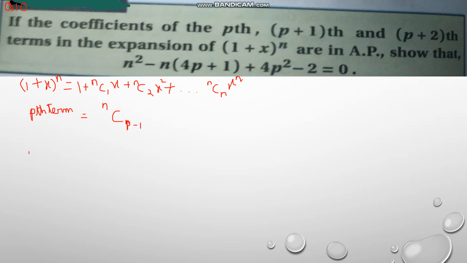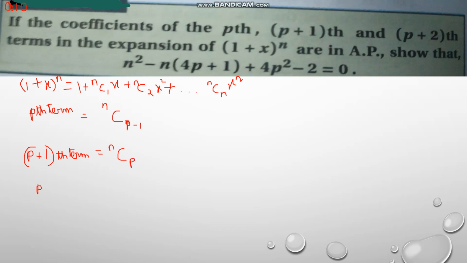And now the p plus 1th term will be, let's see what it will be. The p plus 1th term is nCp.